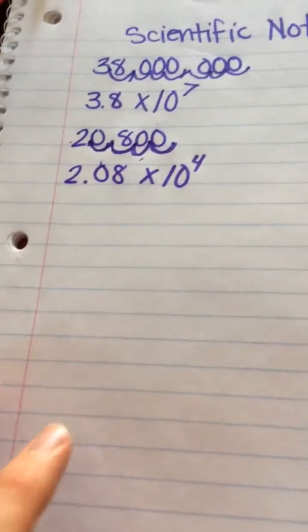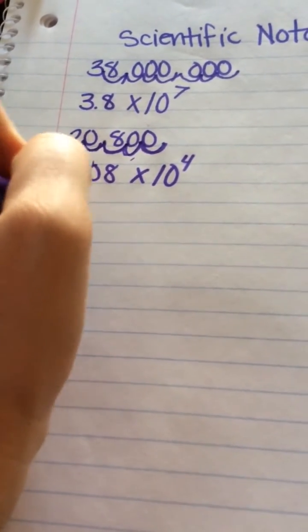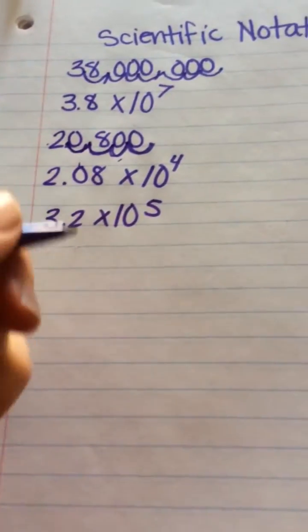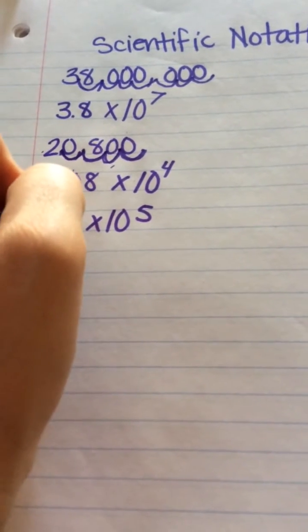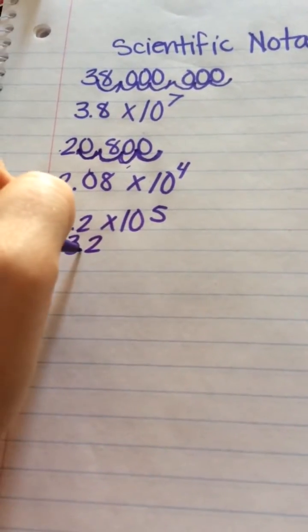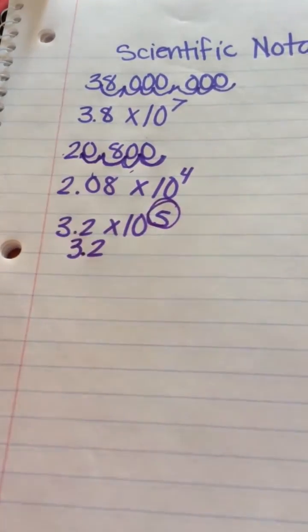Now, the converse of this is writing it in standard form. So if we had something like 3.2 times 10 to the 5th power, and we had to write this in standard form from scientific notation, we put 3.2 and move the decimal point to the right the number of places that is in the exponent.